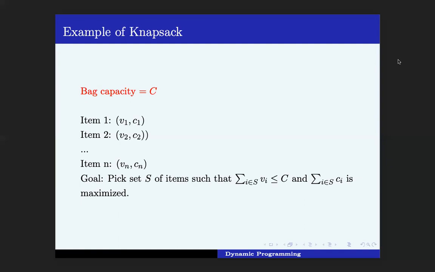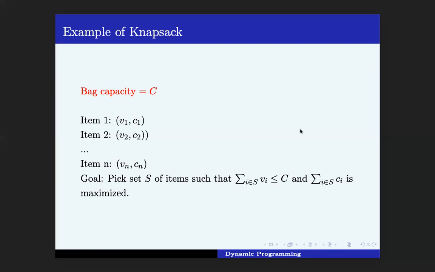But rightly speaking, the size of the input will be log of c plus log of v1 plus log of c1 plus log of v2 plus log of c2 plus log of vn plus log of cn, which will be log of c times v1 times c1 times v2 times c2 times vn times cn.